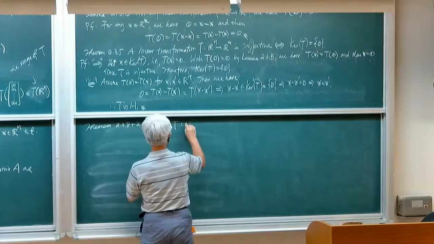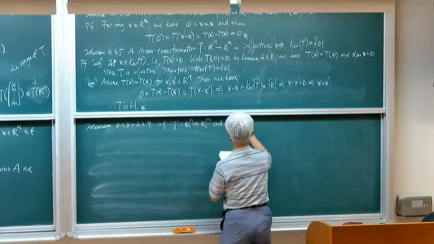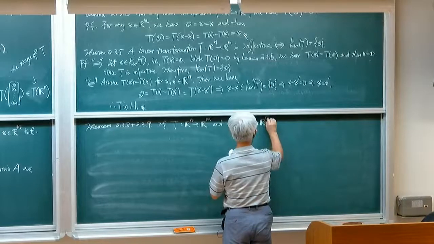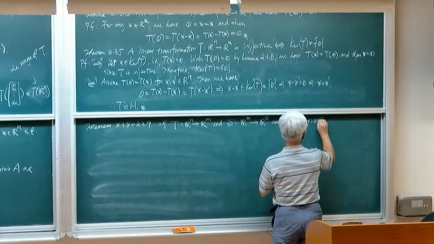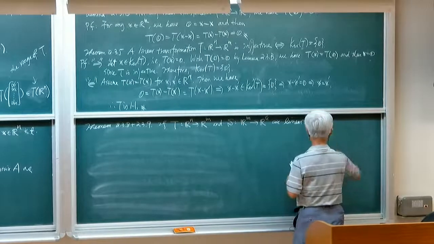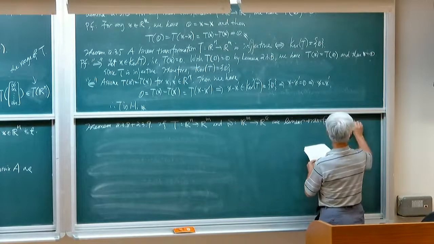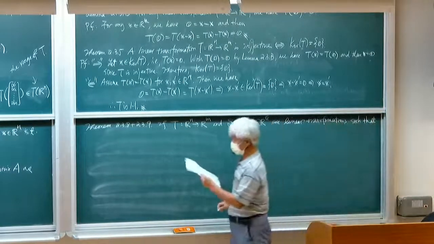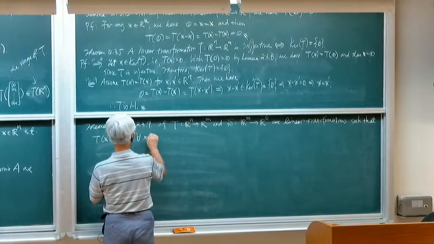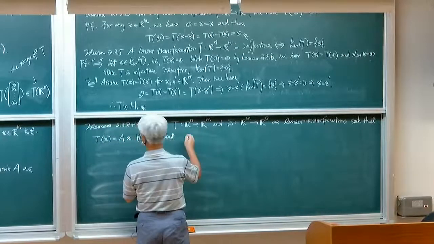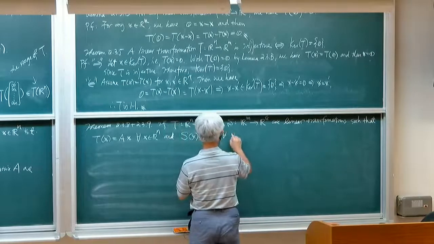Now, if T is a linear transformation from Rn to Rm, and S is another linear transformation from Rm to Rk, so both of them are linear, and such that their matrix representations are like this: Tx is equal to Ax for all x in Rn, and Sy equals By for all y in Rm.